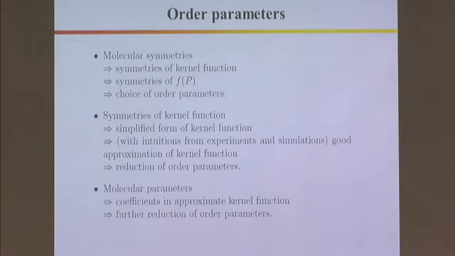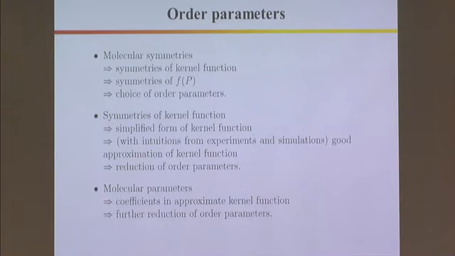So how do we get the parameters? First of all, you have the molecular symmetries. From the molecular symmetry, you can get the symmetries of the kernel function and of the probability density function. Then we can try to choose the other parameters. But even in this case, we have infinitely many other parameters, so this is not enough.